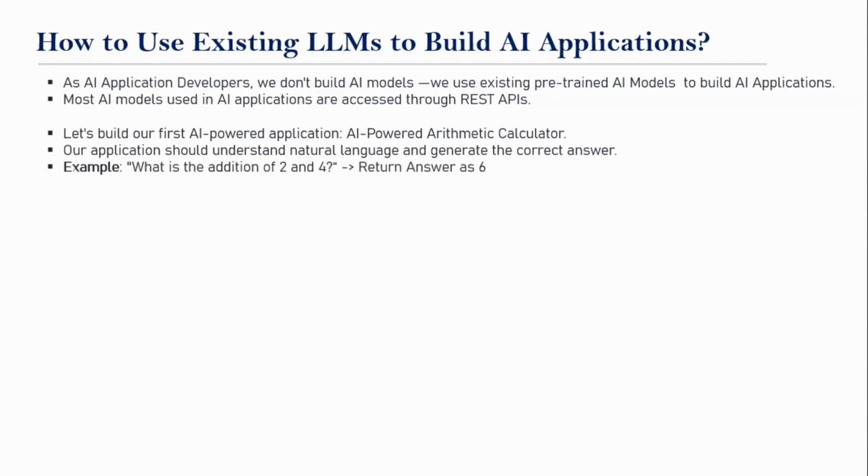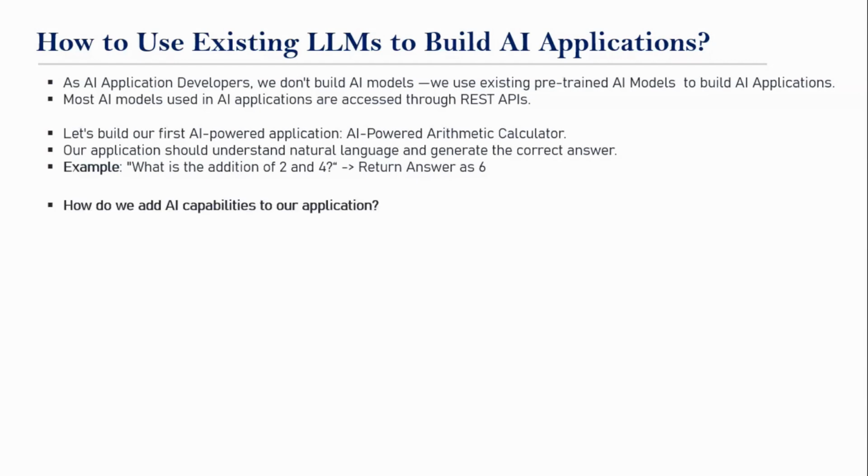Suppose I take an example like, what is the addition of 2 and 4? Then our AI powered arithmetic calculator has to return the answer as 6. So now we have to build an AI powered arithmetic calculator, nothing but an arithmetic calculator with artificial intelligence.